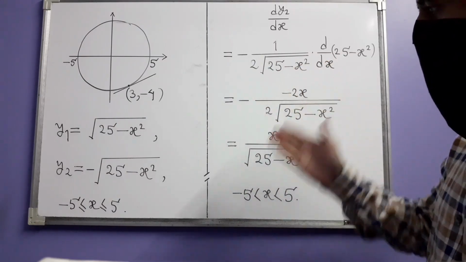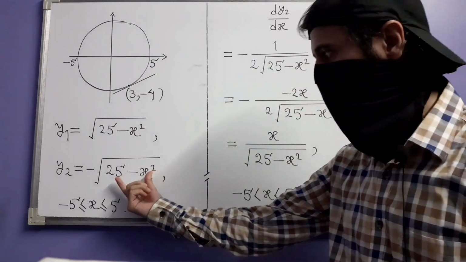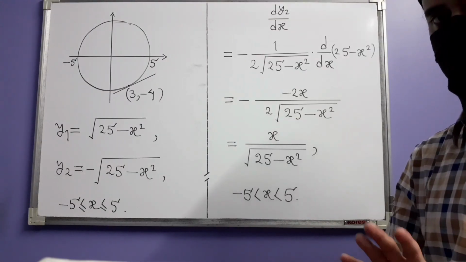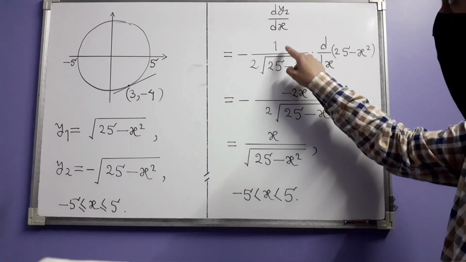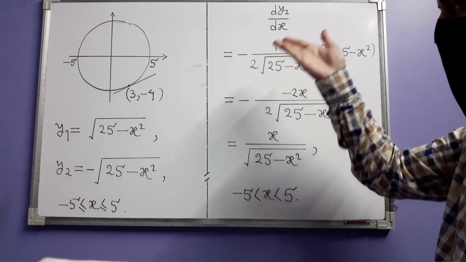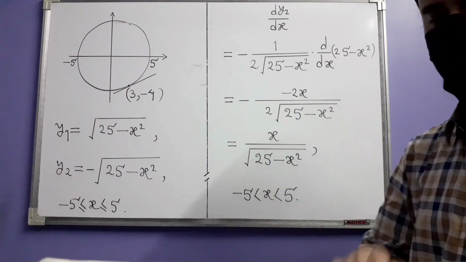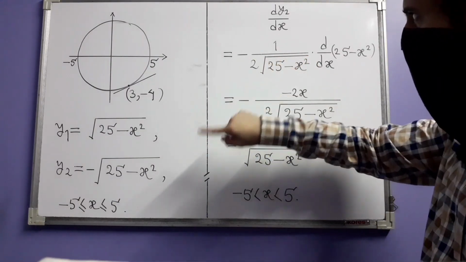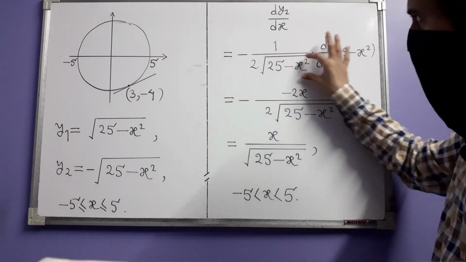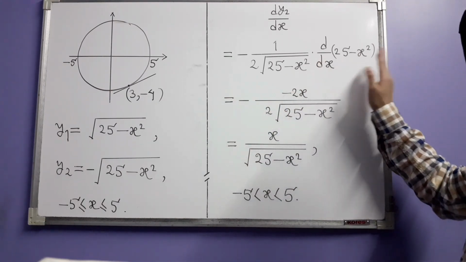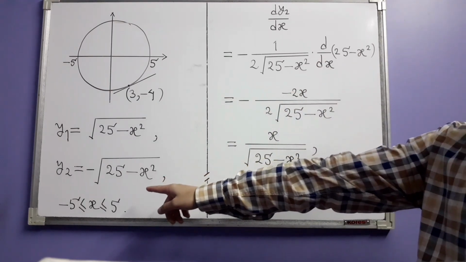Now if you differentiate the outer function keeping the inner function intact, that's how you do differentiation using chain rule. Then this is what you get. Just now you did that. d/dx of square root of x is 1 divided by 2 root x. So minus is there, 1 divided by 2 times this. And then multiply it by the derivative of the inner function, 25 minus x squared.